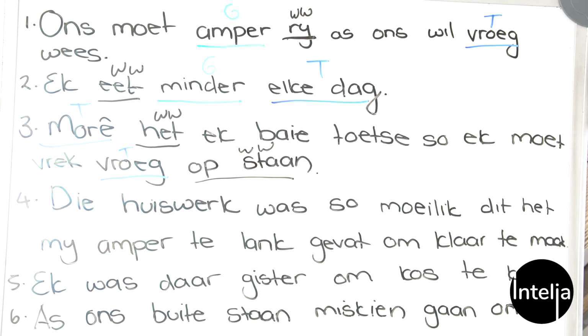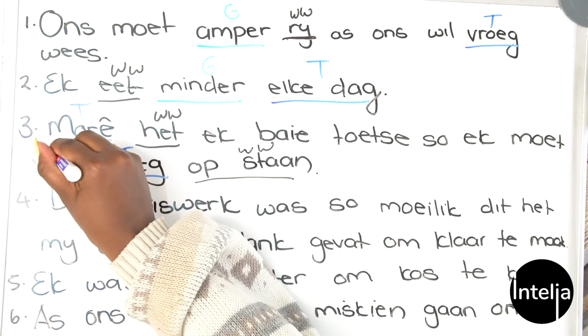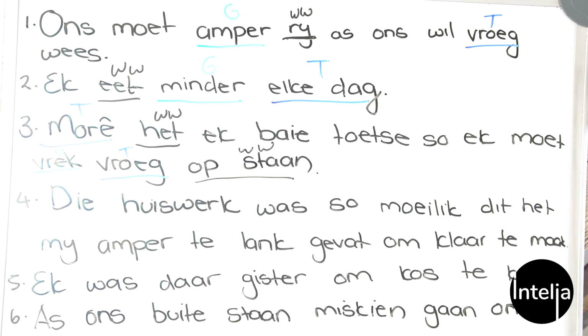No, there's nothing that tells us the manner in which he or she is getting up. So if the sentence was, môre het ek baie toetse, so ek moet vrek vroeg vandag opstaan. Okay? But we don't have a manner. What we do have is graad. Just vrek. Okay? Awesome. Let's move on.